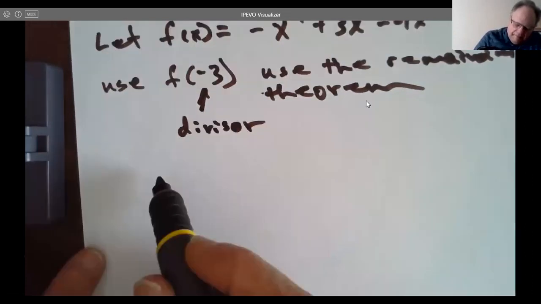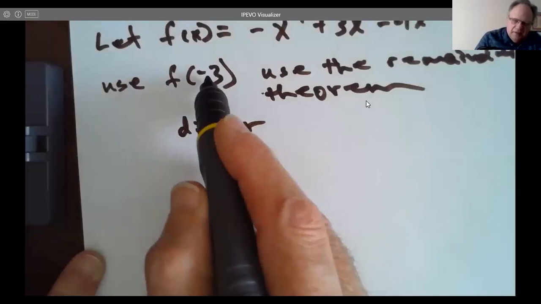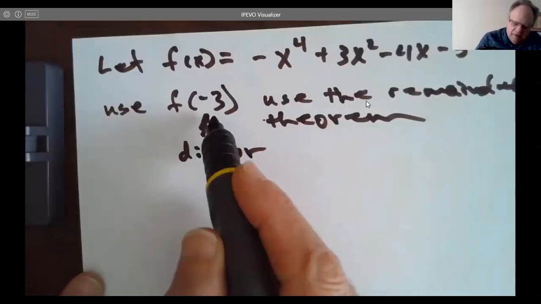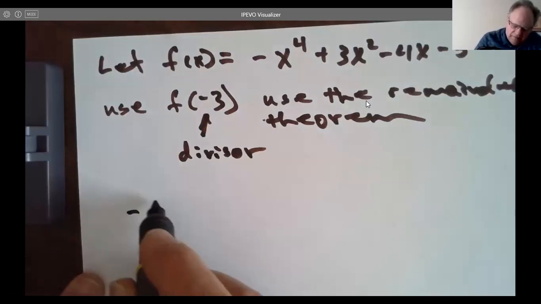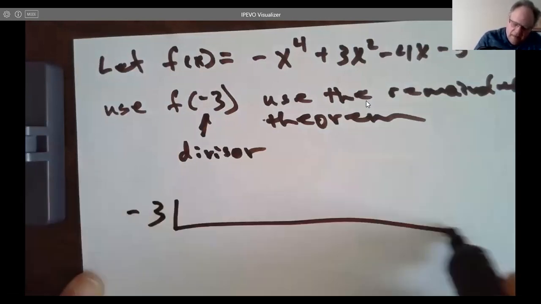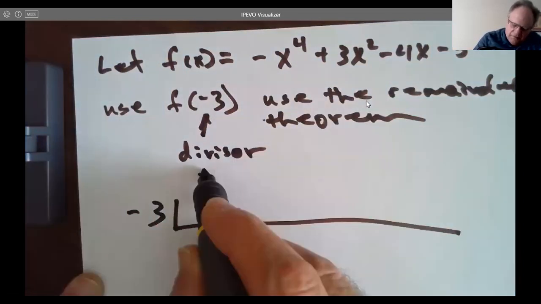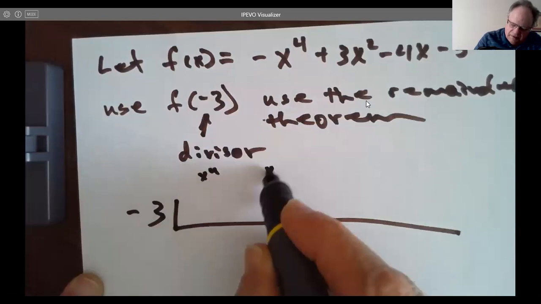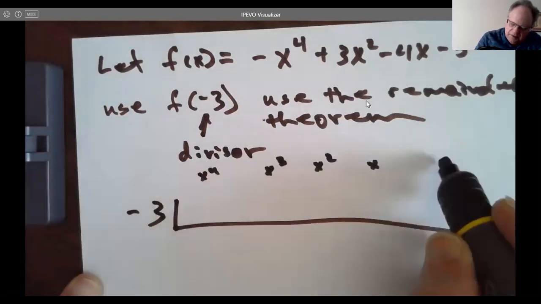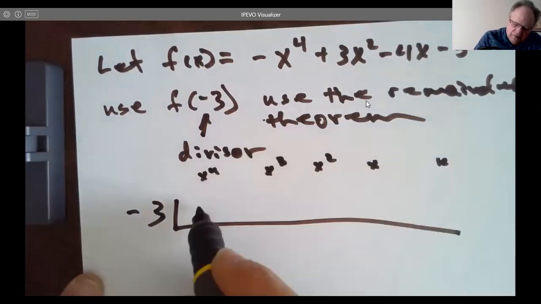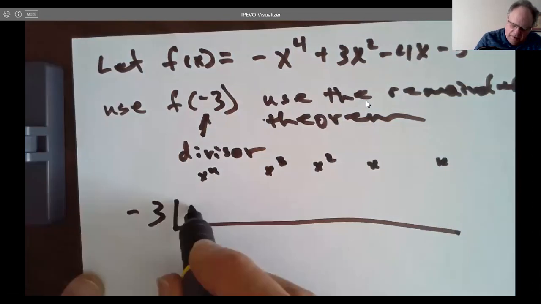When we are already given a divisor like this and it's not a polynomial, we don't use the additive inverse. We just write it as negative 3. Then we need a place for x to the fourth, x to the third, x squared, x, and our constant. The first one is a negative 1.